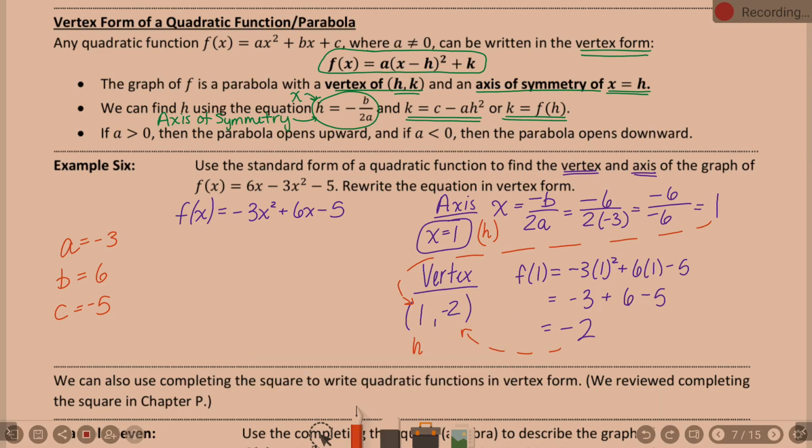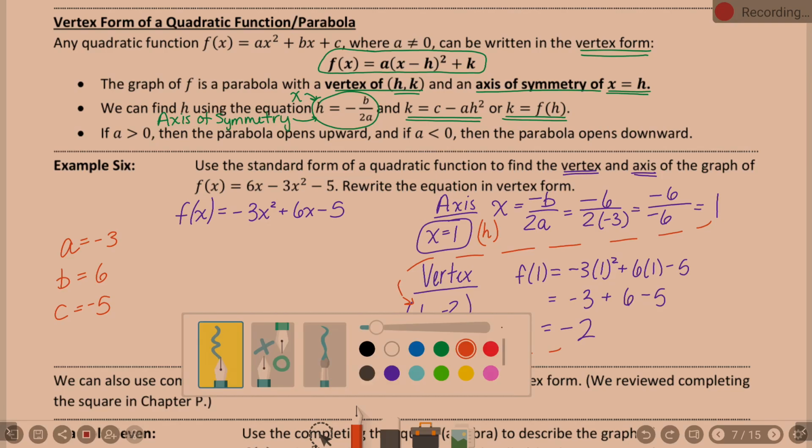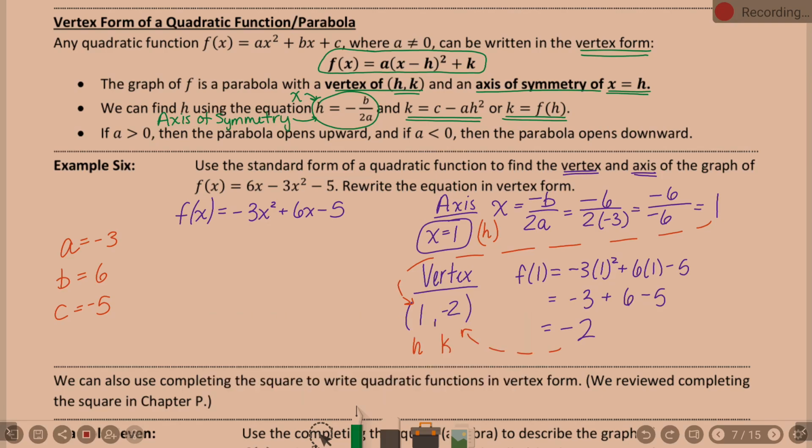Now, let me touch on something real quick. Logan, I think you were trying to use k equals c minus a h squared. Well, I don't care if you guys use this. It's not my cup of tea, but I'll give it to you. So k, c, what was my c?